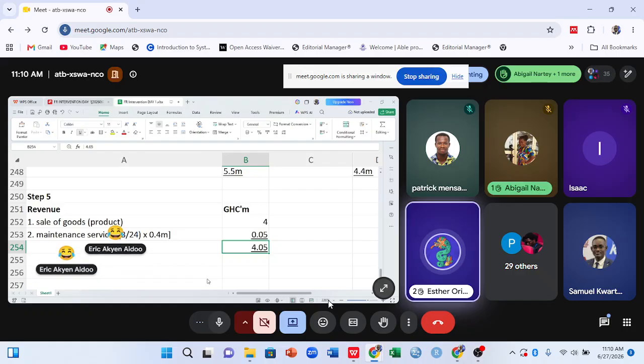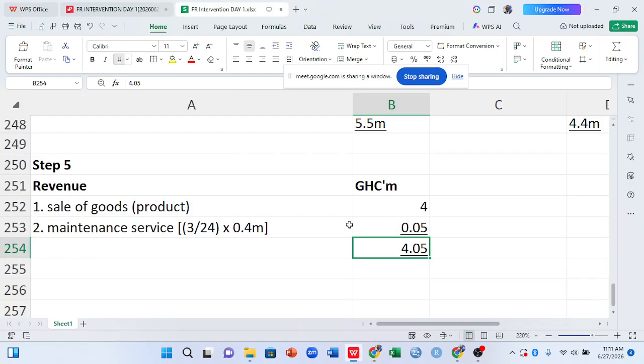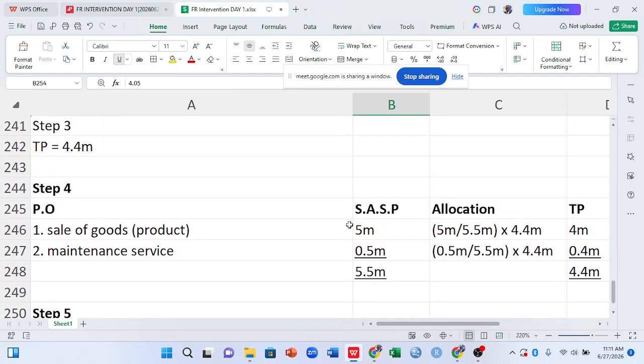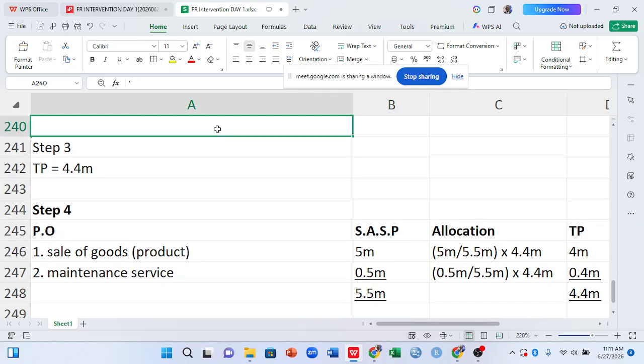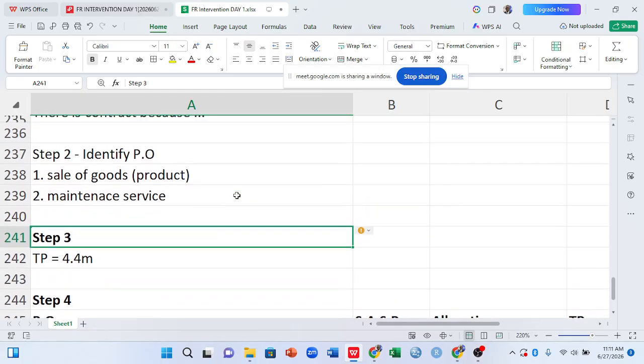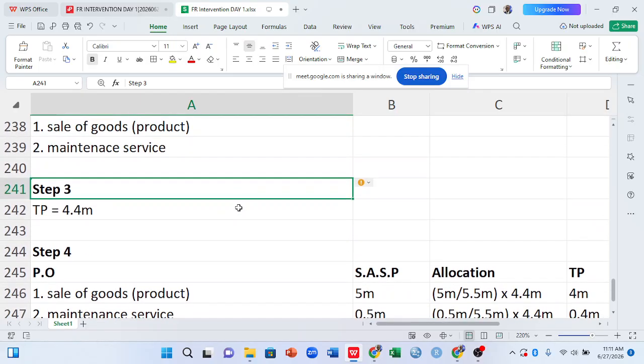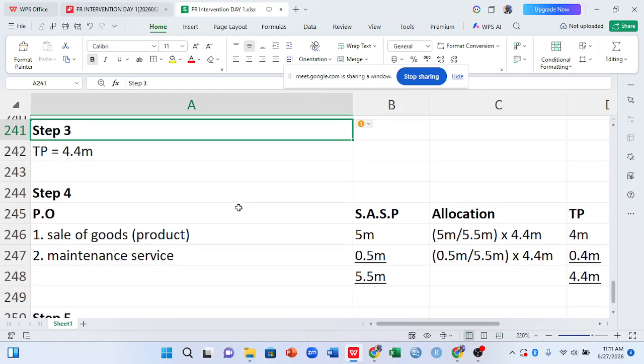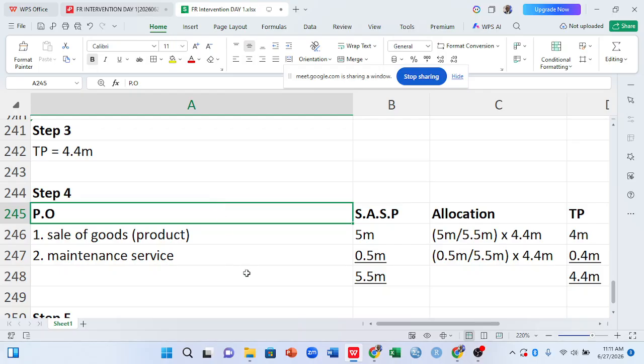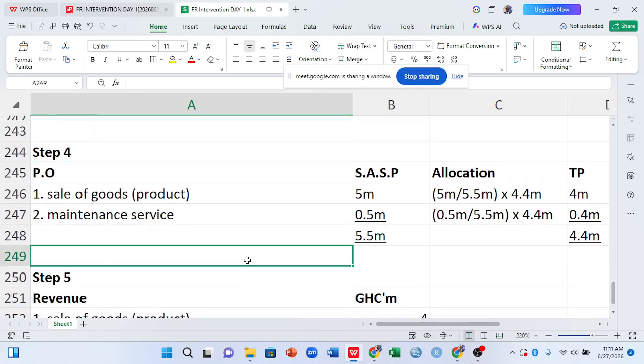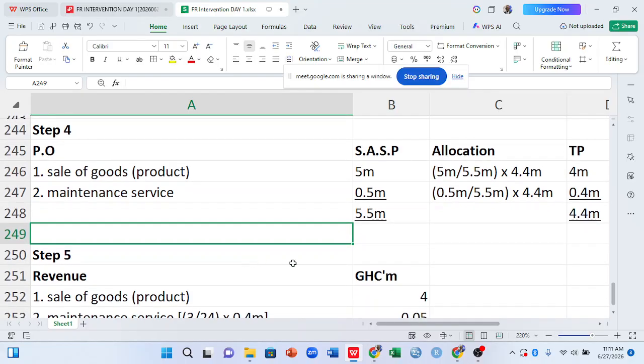Sir, please, can you go up? My network was having issues. I couldn't see your screen. I should go back. Sir, I didn't see, so I was trying to do it myself.